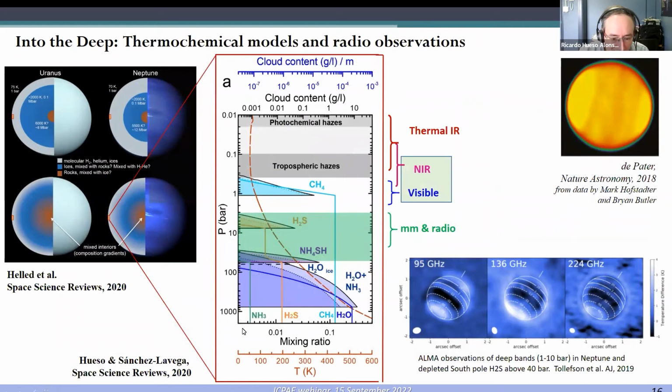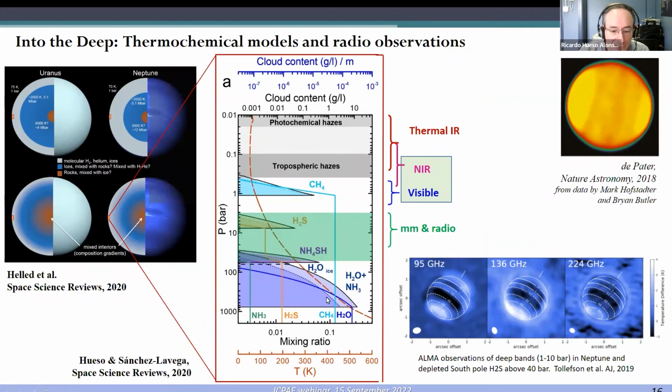And you can see here a calculation of what your thermal profile is going to be if you follow an adiabat modified by condensation of the different volatiles. You condense methane above, hydrogen sulfide below. This is probably the layer that we are observing with the dark spots. Then you are condensing an ammonium hydrosulfide cloud, and then a very deep water cloud with ammonia dissolved into it.